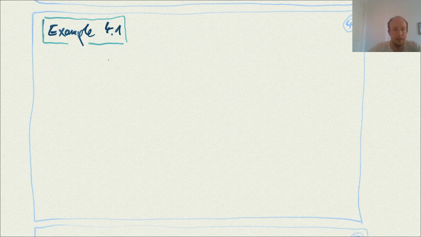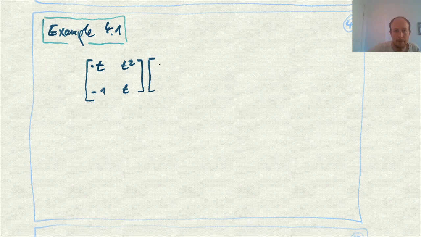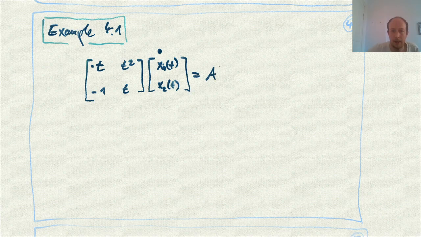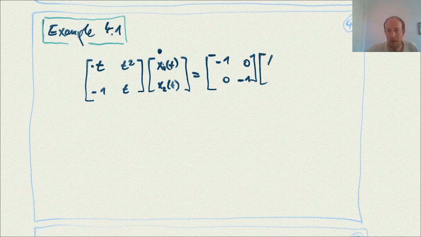Here the DAE was, here's my color. So we consider this DAE: E(t) = (t, -t²; 1, -t), x dot = (x1(t), x2(t)) equals A(t) = (-1, 0; 0, 0), that's basically A(t) times (x1(t), x2(t)).